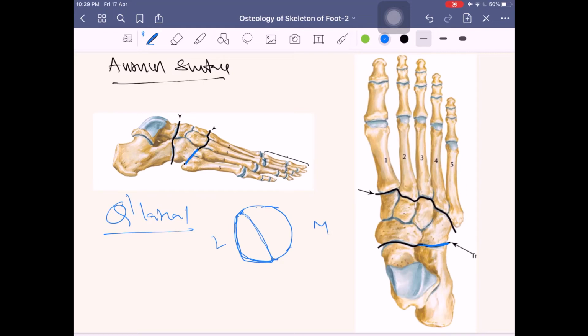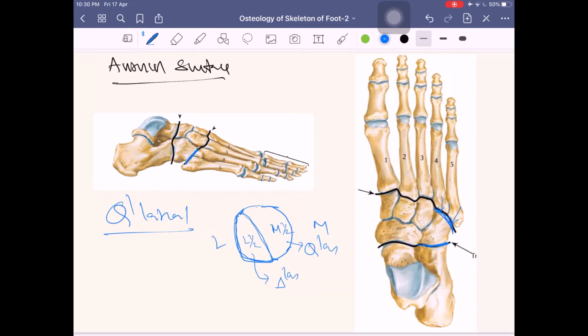And this is, you see, 4 angles are there. This is 1, this is 2, this is 3, and this is 4. So this is your medial portion. So you can say medial half is quadrangular, whereas the lateral half is triangular. So this is what we see when we look at here. So this is the anterior surface. When you look at this side, if you stand here, remove these two bones and see there, you will find these two.